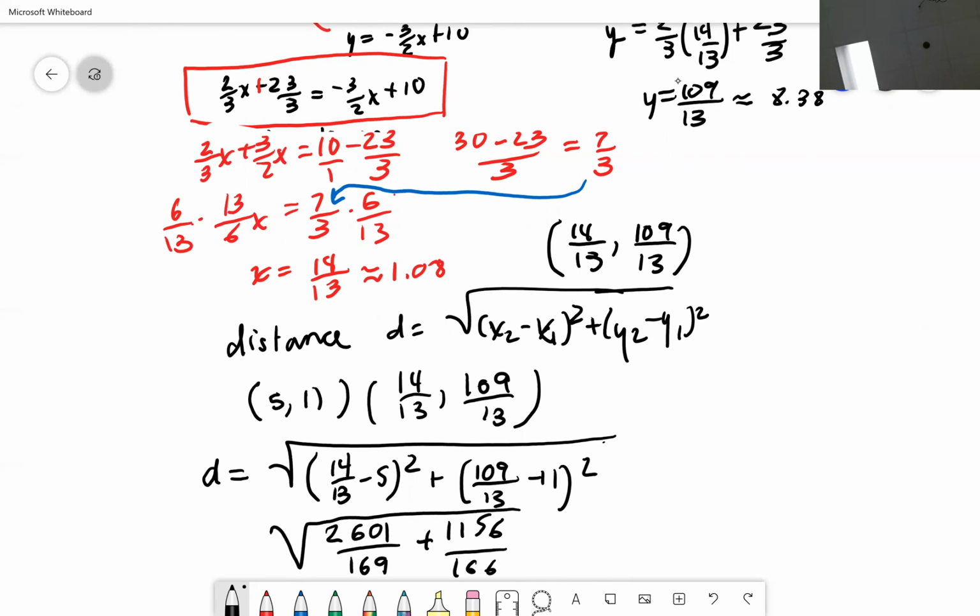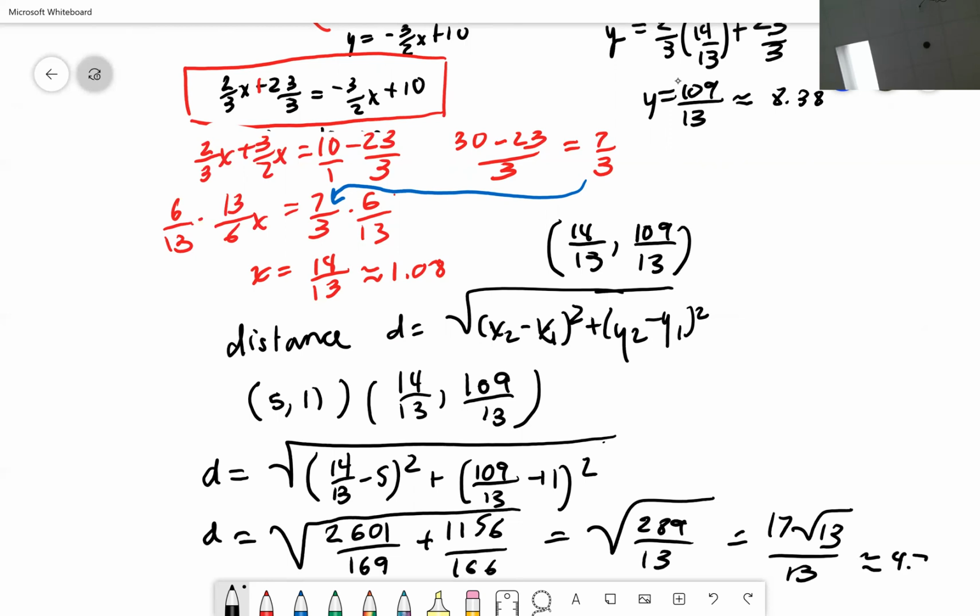If I add those two, this gives me that it is the square root of 289/13. Then we take the square root of that answer, and we get 17 square root of 13/13, which, if I give an estimate, is about 4.71. You happy? Yeah. That's so cool.